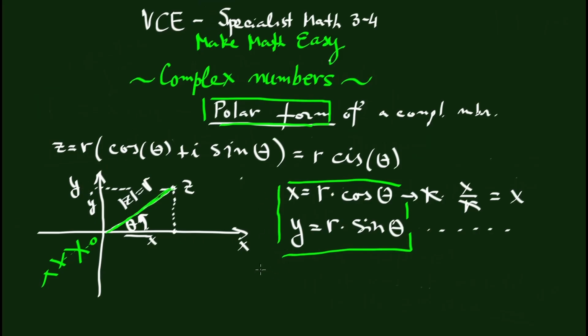Now, how do we get theta? If you divide, say, y divided by x, what's that? Y divided by x is tangent. So tangent of theta equals y divided by x.